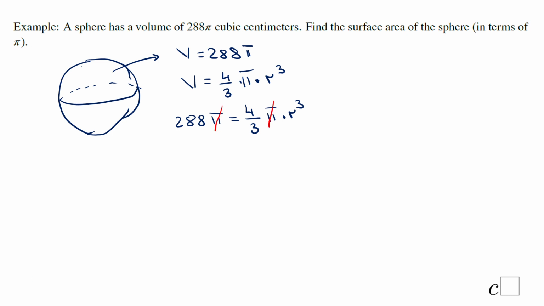They're on both sides and the operation is the same, multiplication. Other than that you cannot, be careful, but in this case we can. So we have left 288 equals 4 over 3 r cubed. And now you want to solve for r cubed, so you're going to multiply by 3/4 to get rid of 4/3. Of course you're going to do the same thing here.